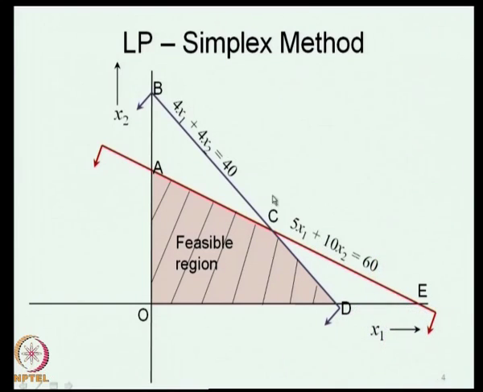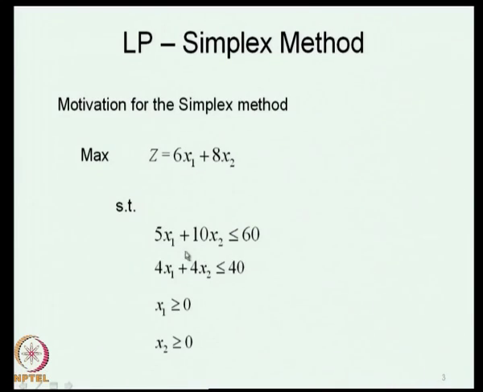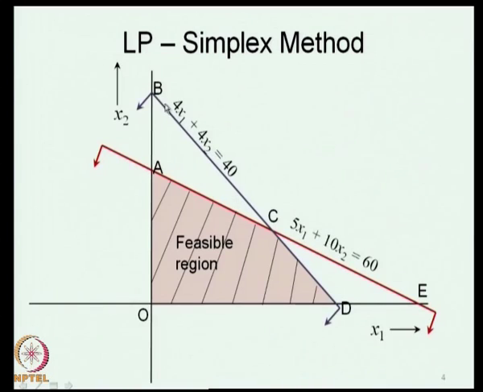4x1 plus 4x2 equal to 40 corresponds to this constraint. So, this line gives you the upper bound of this constraint 4x1 plus 4x2 less than or equal to 40, and we are looking to the left of this. So, this is the region given by the constraint 4x1 plus 4x2 less than or equal to 40.